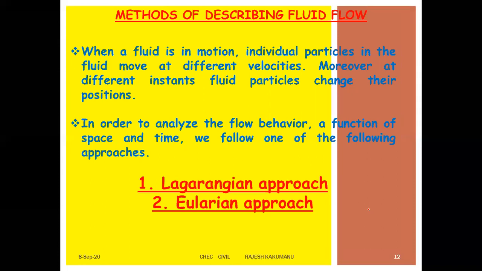When water is flowing from the upper end to the lower end, in a canal or down a hill, the water flows at a certain velocity and the particles moving in the water also move with some velocity irrespective of size and shape. Then at different instants the fluid particles change their positions, whenever they hit rocks inside the layer of water or change internally during the movement.